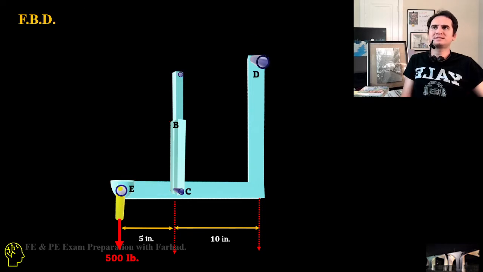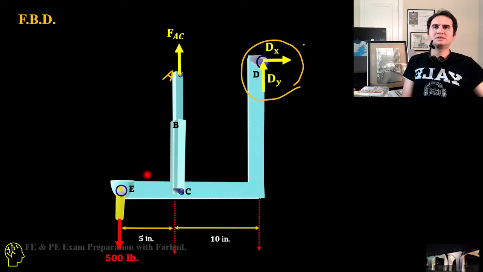The very first step is drawing a free body diagram of this configuration. We have FAC applied at the top of link ABC, and at D we have Dx and Dy. By taking the moment about point D, we can cancel out these two forces.